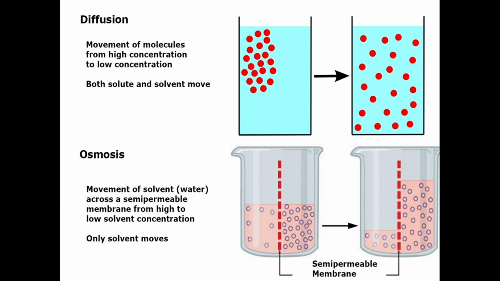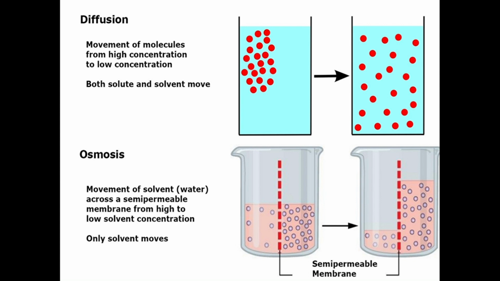Structure of the plasma membrane: it is a selectively permeable membrane also. It allows some substances to enter the cell, while preventing other substances.